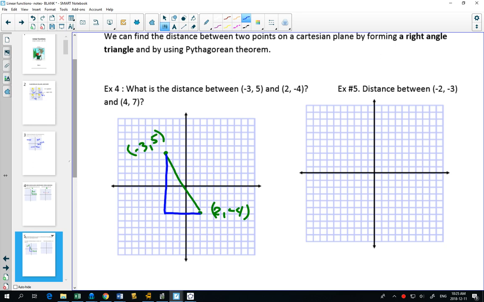Going from 5 all the way down to negative 4 is a distance of 9. Going from negative 3 all the way to positive 2 is a distance of 5. How does this help us figure out the distance from negative 3, 5 to 2, negative 4?